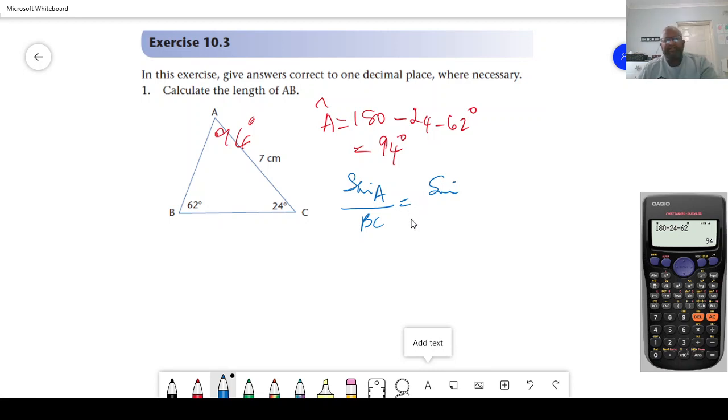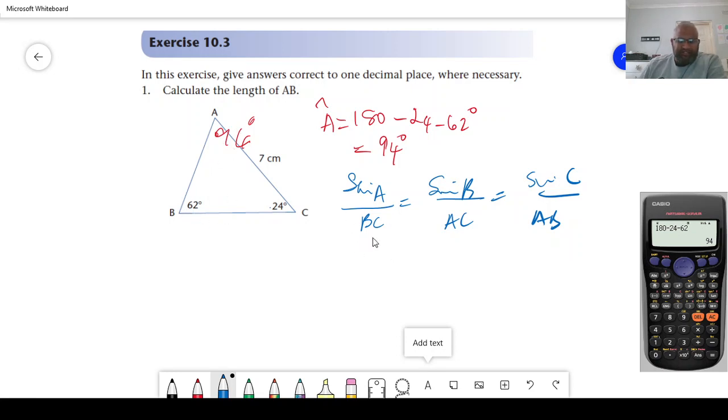Remember, they want you to calculate the length, so normally we would put the length over the sine of the angle, but I'm just showing you here that it will just take an extra step.